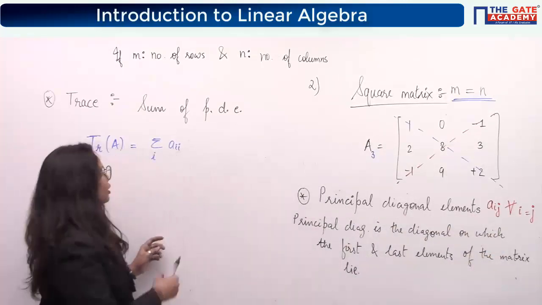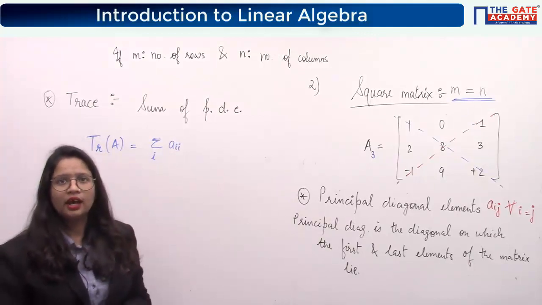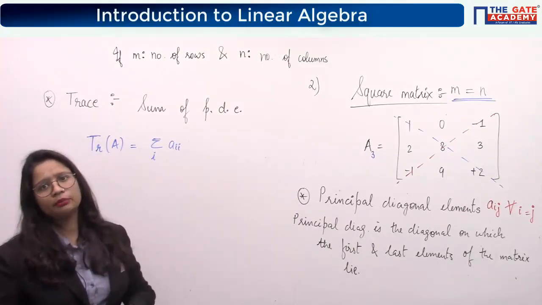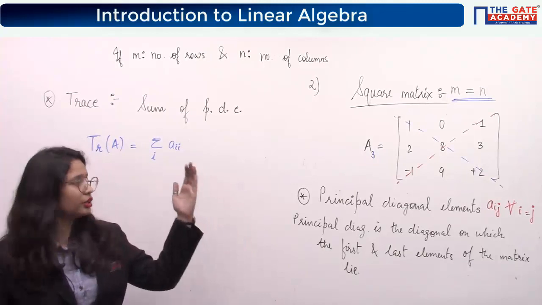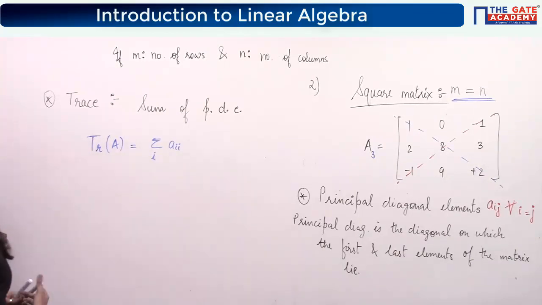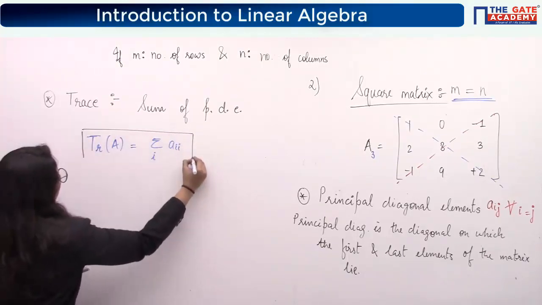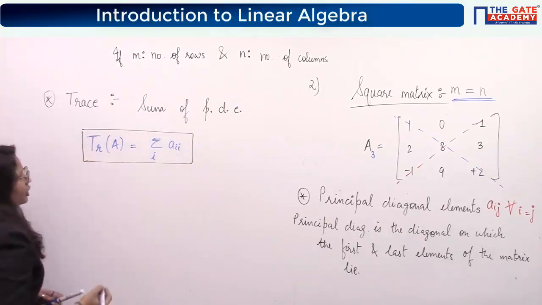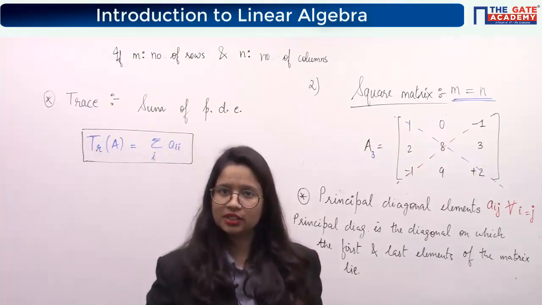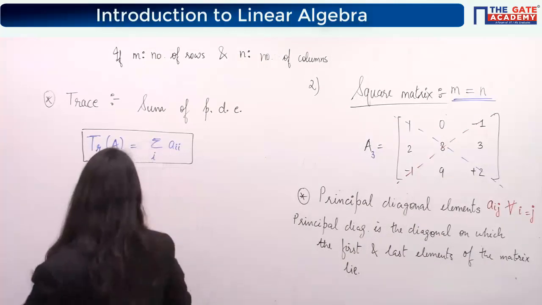So I have directly written Aii instead of Aij, and summation of all Aii means A11 plus A22 plus A33 and so on will give you the trace. You should be able to understand this language also, because in computer programming we write in terms of these things only. Okay, so this is trace.